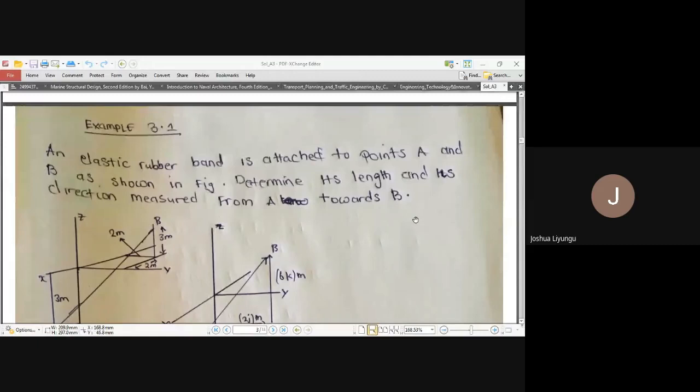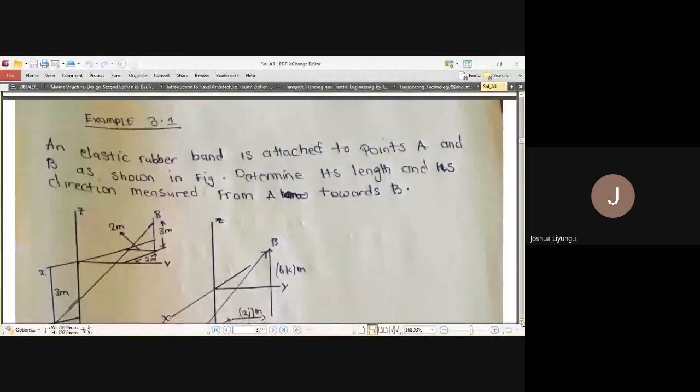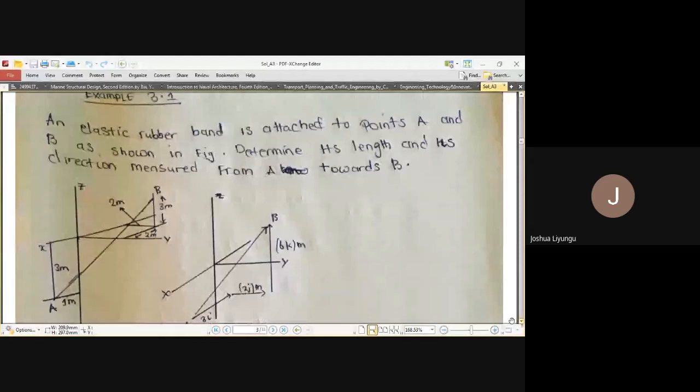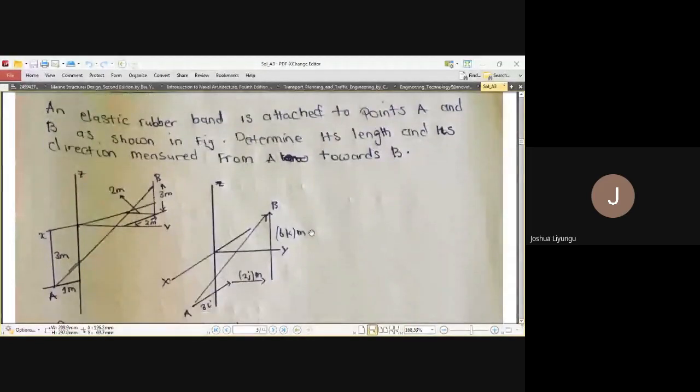Those using Big Blue Button, yes, this is Example 3.1. So the other gentleman was just explaining how everything works.